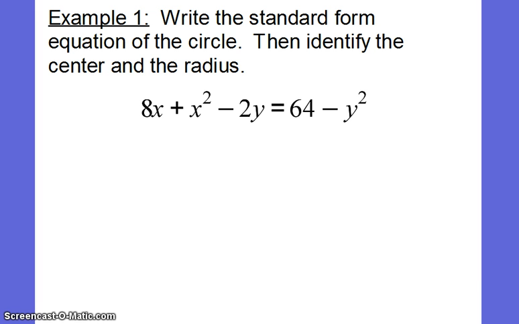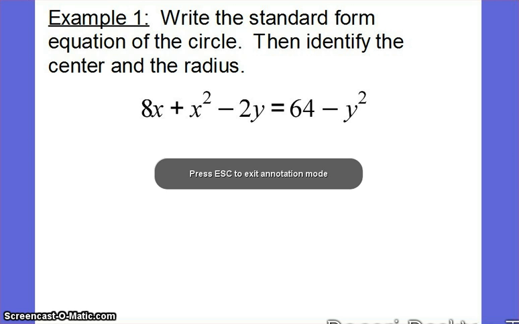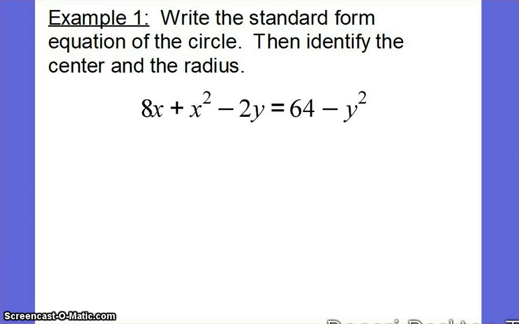So an example. Write the standard form equation of the circle, then identify the center and the radius. So first we need to get all of the variables to the same side of the equation and get similar terms near each other. So I'm going to have the x's first and then the y's. I'm going to have x squared plus 8x.